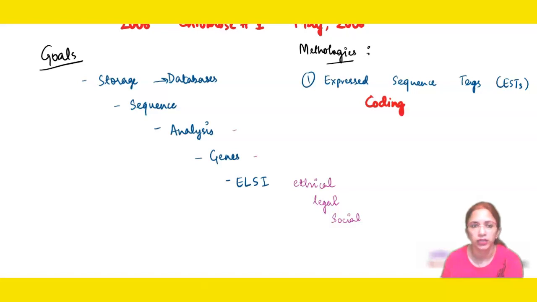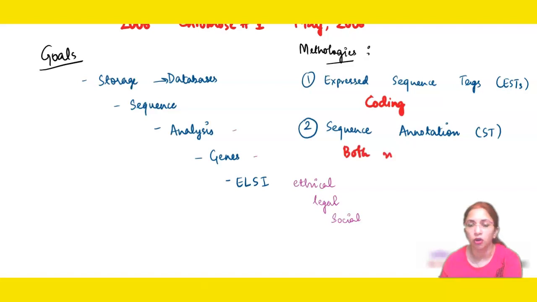Okay, so in expressed sequence tags, only the coding sequences were sequenced, whereas in the sequence annotation, which was abbreviated as SA, both coding and non-coding sequences were sequenced.